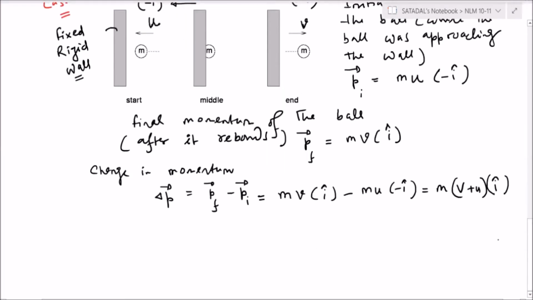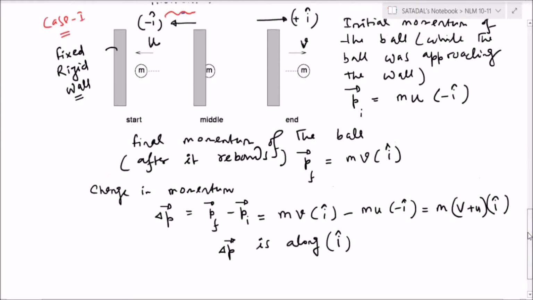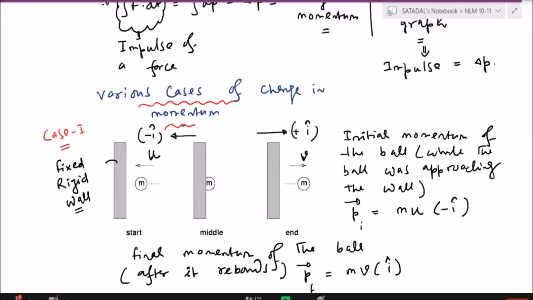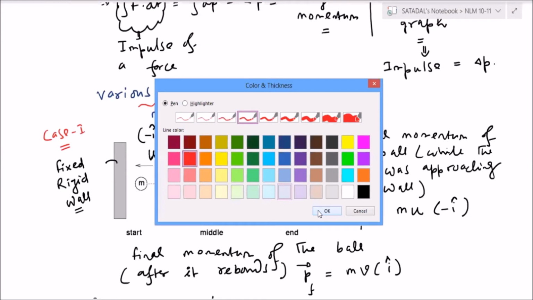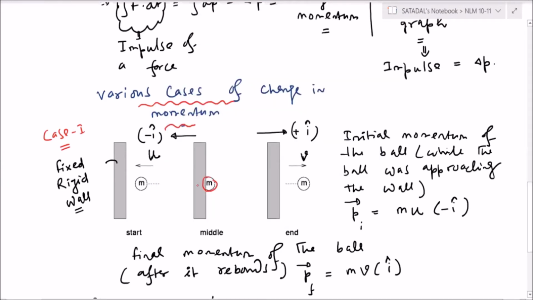Correct? So if you check, the change in momentum is in which direction? In the positive x-axis. Correct? So if you check now in the diagram, when the ball is hitting this particular wall, in which direction should the force act? This is the direction. Because in that direction only, the momentum is changing.